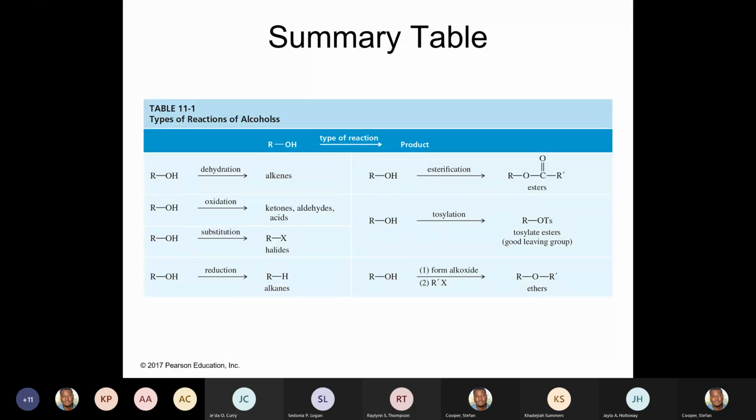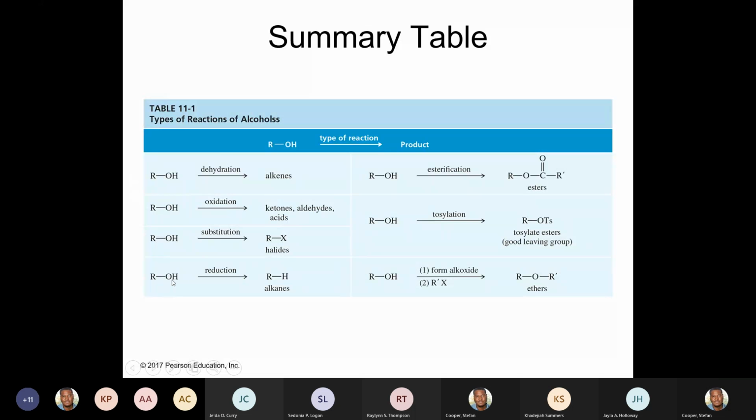All right, so this is a summary slide of all those processes. Again, if I have ROH, I can dehydrate to form alkenes. I can have ROH again and oxidize to form aldehydes and ketones or carboxylic acids. ROH could be substituted for alkyl halides.